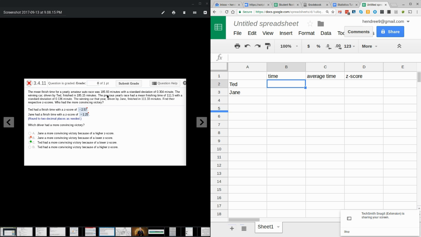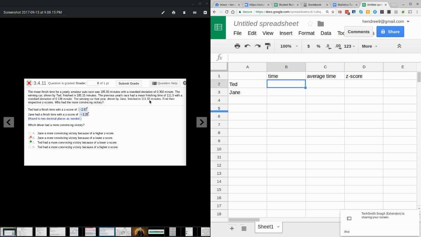And the year's previous race had a mean finishing time of 111.5 minutes, with a standard deviation of 0.136 minutes. The winning car that year, driven by Jane, finished in 111.33 minutes.